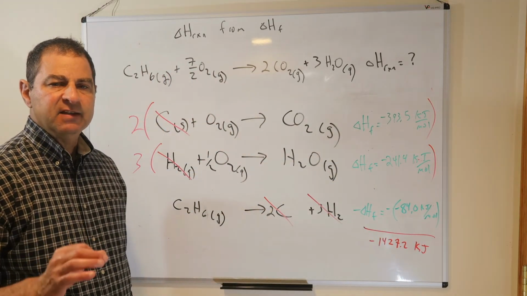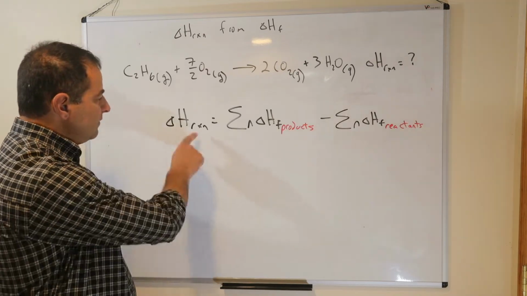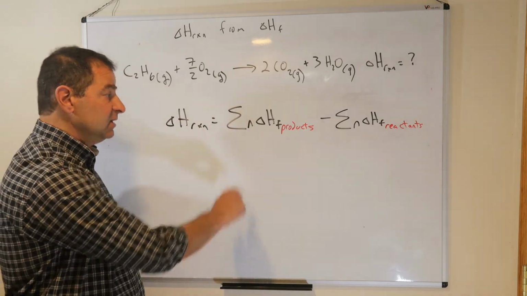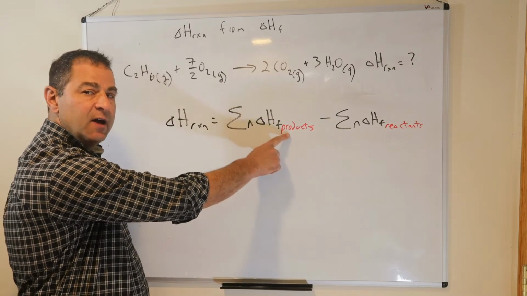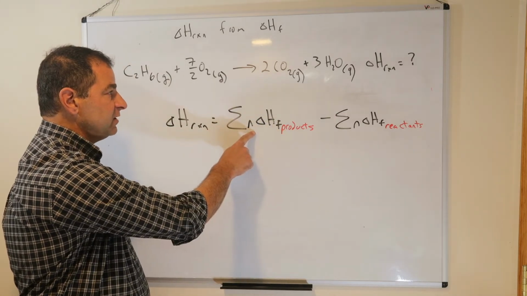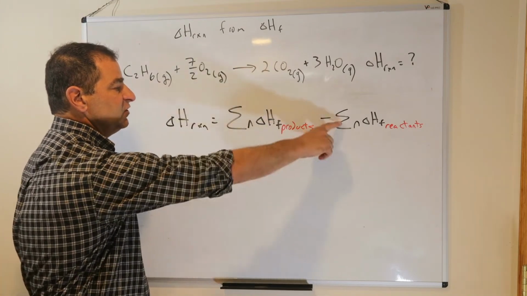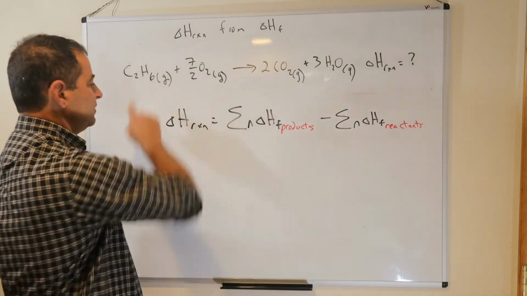We can simplify this, and we can actually simplify this in every situation to be: the heat of reaction is going to be the sum, this is a Greek letter sigma, which means summation, the sum of all the heats of formation of the products times their coefficient, so add those together, minus the sum of the heats of formation of the reactants times their coefficient.